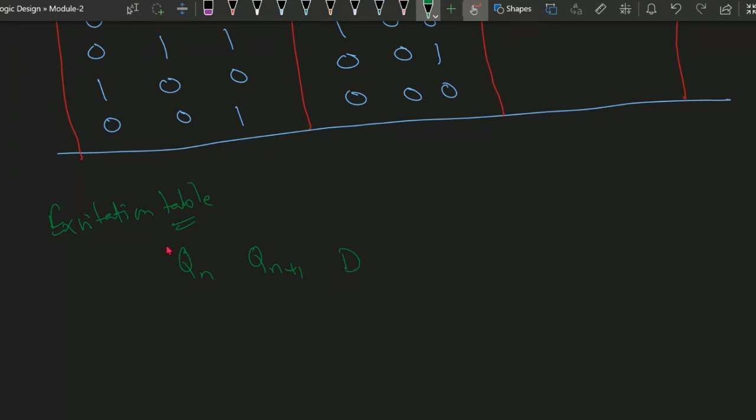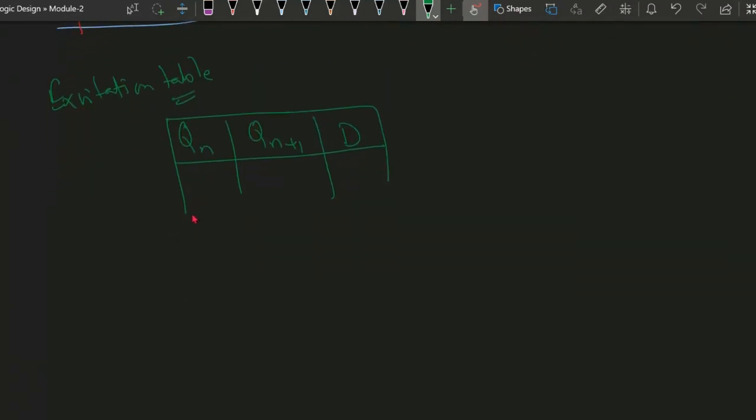For D flip-flop, this was the table, which we have already seen. Two of these columns will be the inputs, and this will be the output here: 0 0, 0 1, 1 0, 1 1. We have already seen it, but I am just recalling it.